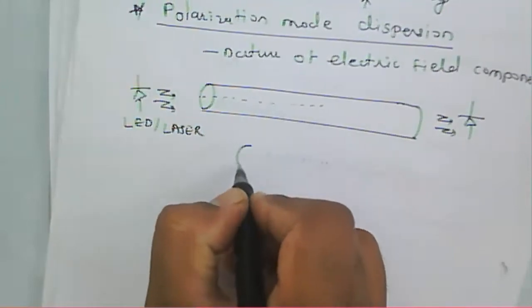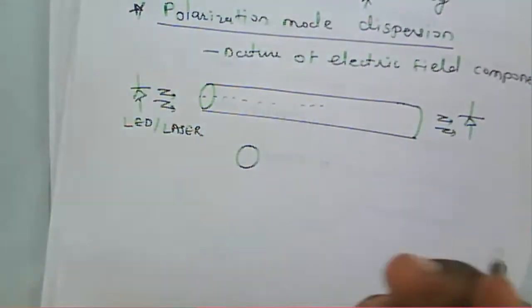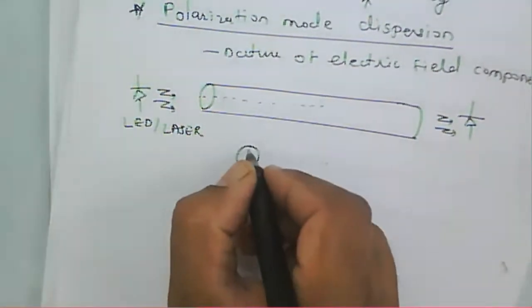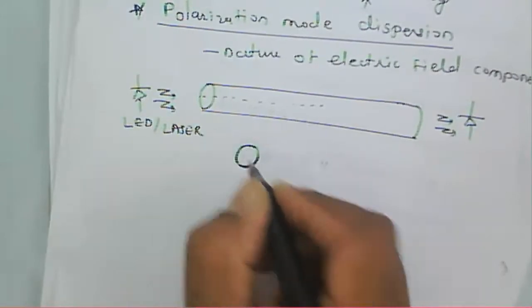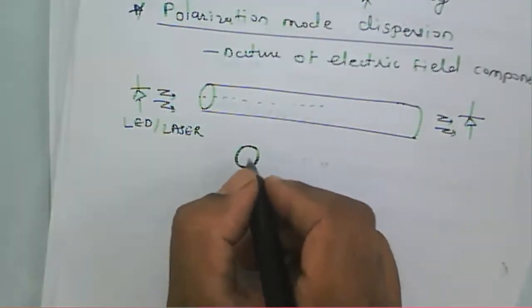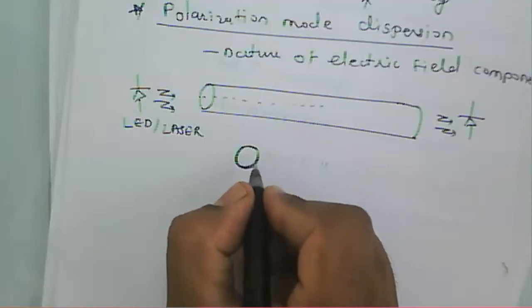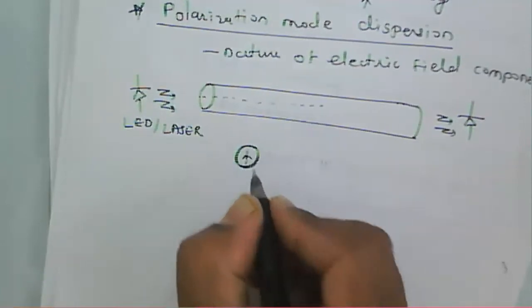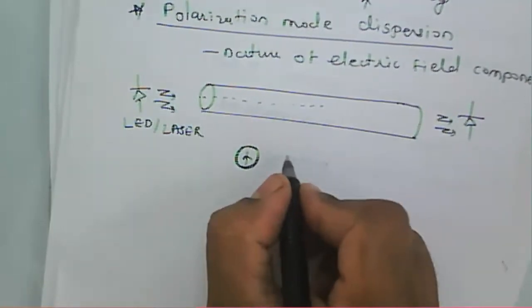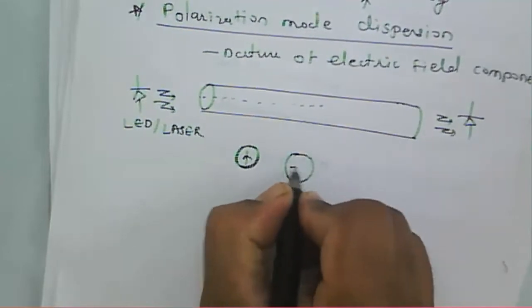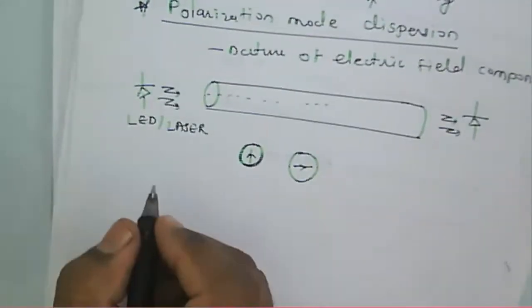If you see the rays, because the nature of a fiber is circular, we say the core is circular in nature. So rays may be vertical in nature, or rays can be horizontal in nature.